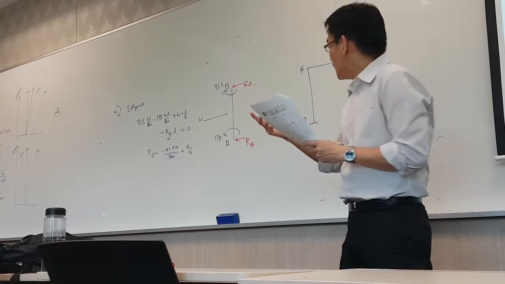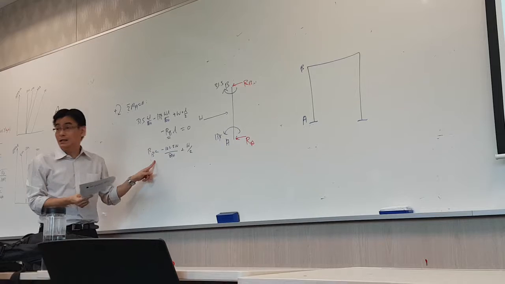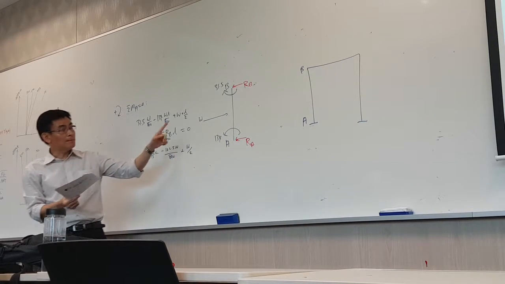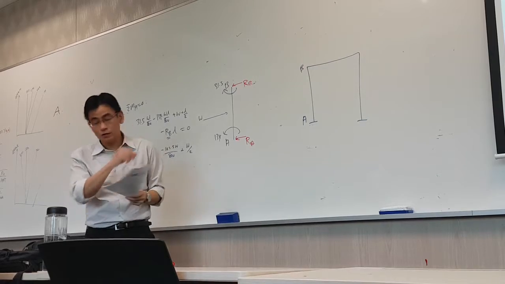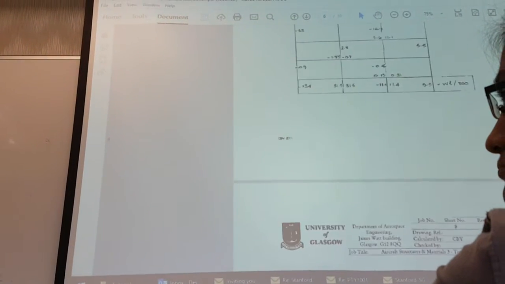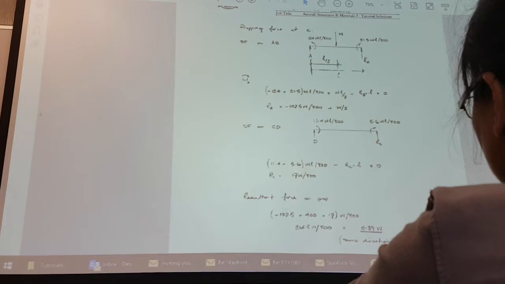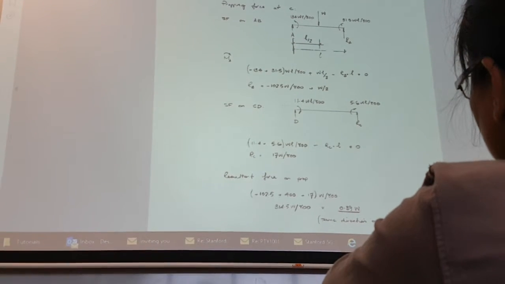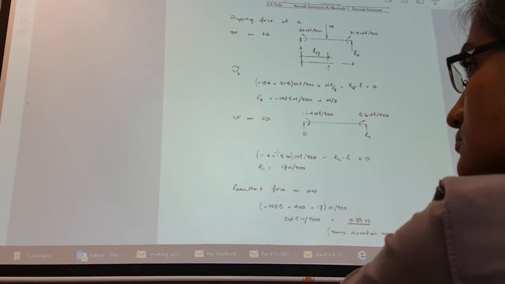Alright, by doing that, you will be able to solve for RB. That is for member AB. Similarly, you need to solve the same thing for member CD as well. For member CD, your interest is to find out what is RC.